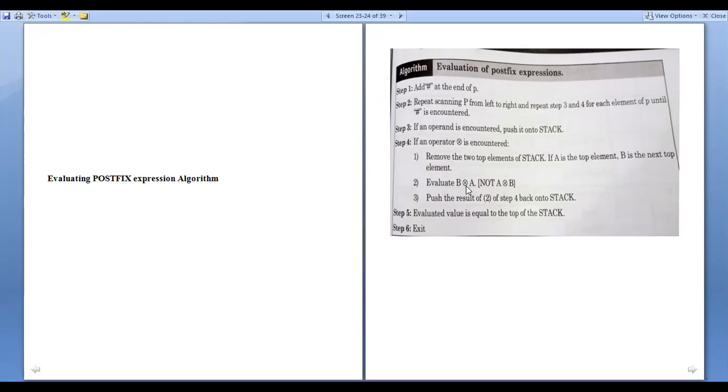It can be plus, minus, multiplication, or division, but we should not do A operator B, that is wrong. We have to push the result of step 4 back onto the stack. Step 5, the evaluated value is equal to the top of the stack, and then we exit.